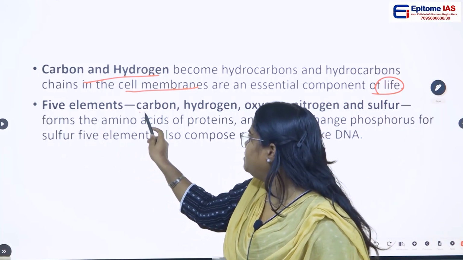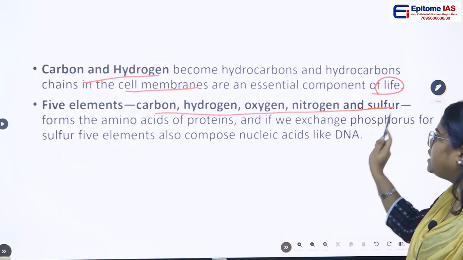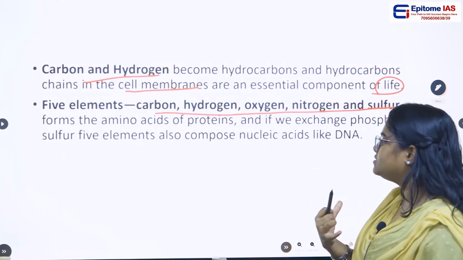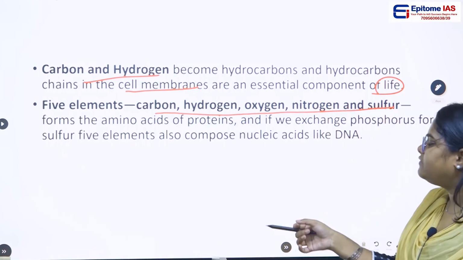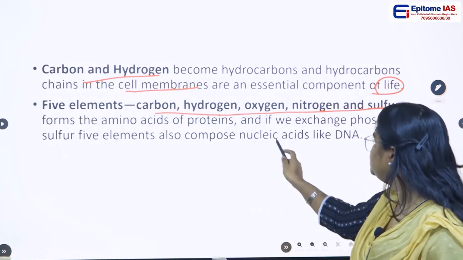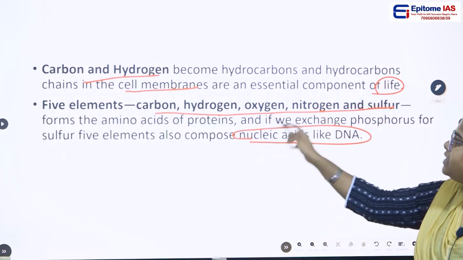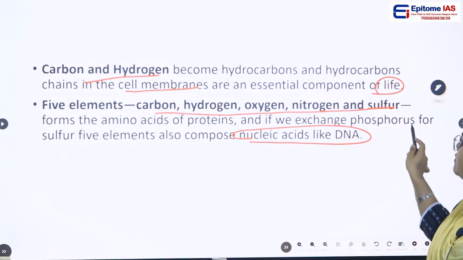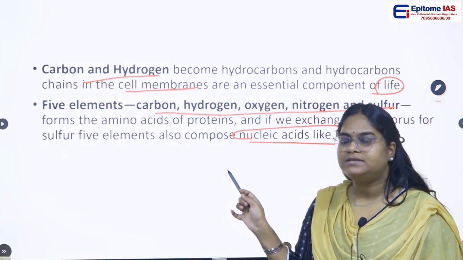Then these five elements: carbon, hydrogen, oxygen, nitrogen and sulfur. Sulfur forms amino acids of protein, and if we exchange phosphorus for sulfur, these 5 elements also compose nucleic acids like DNA. So these 5 elements, carbon, hydrogen, oxygen, nitrogen and sulfur, are very important for the survival of any organism.